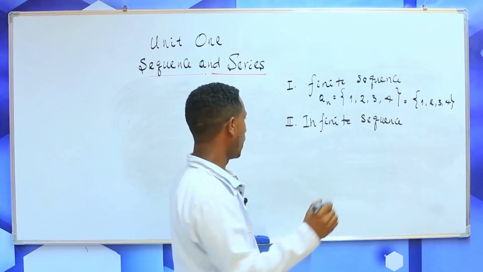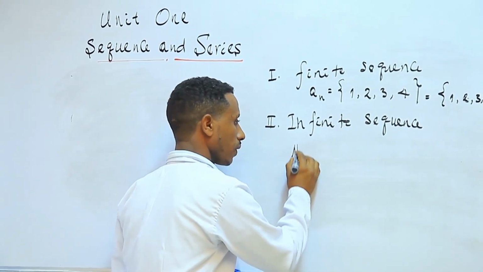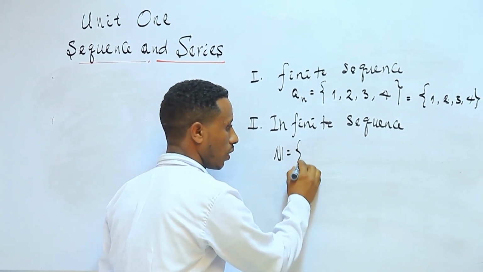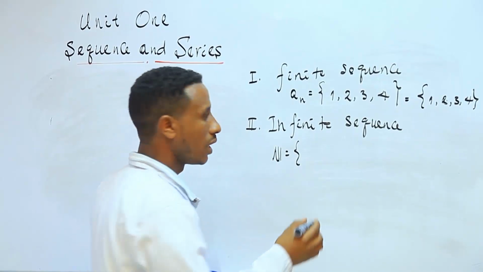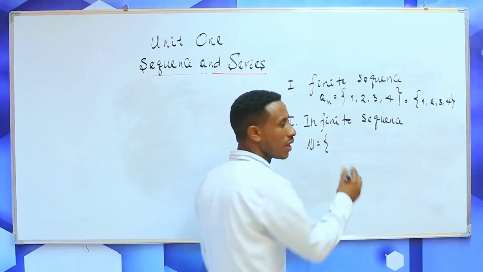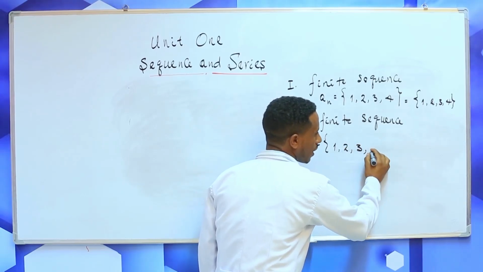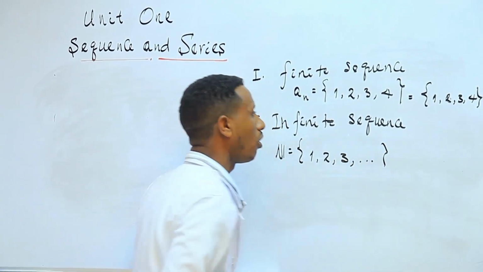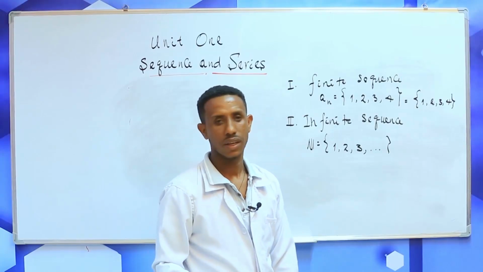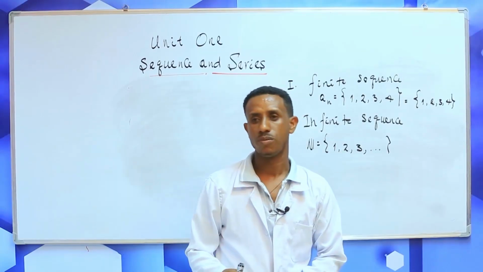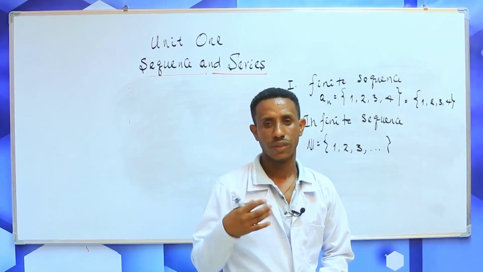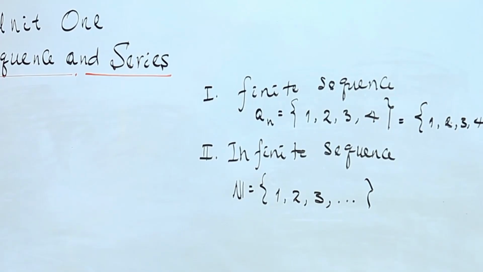Let's say, for example, the sequence of natural numbers is an infinite sequence because we can't find the last term of this sequence. It continues without bound. Therefore, this sequence is said to be an infinite sequence.